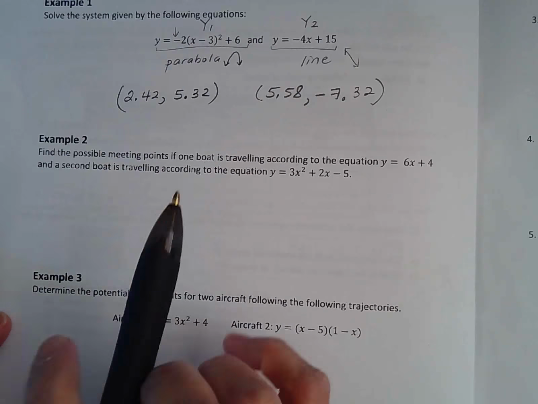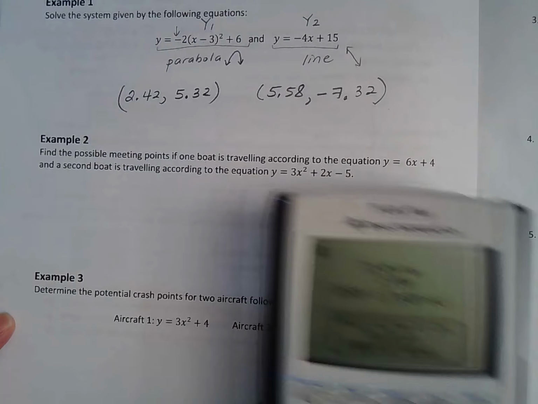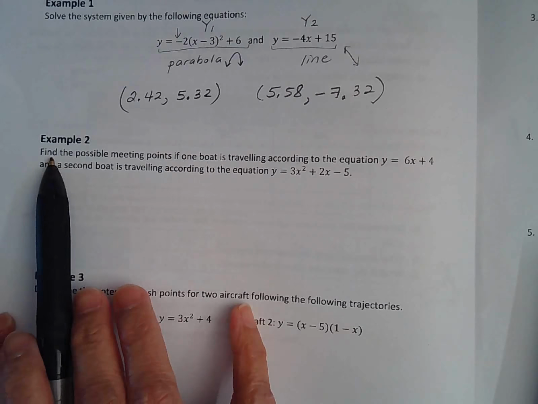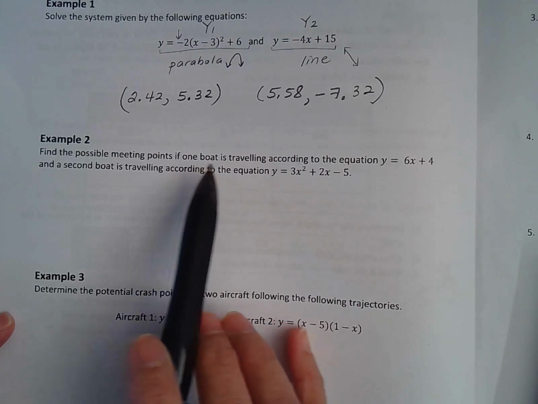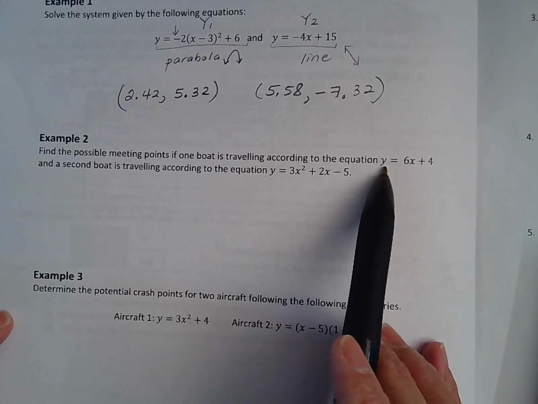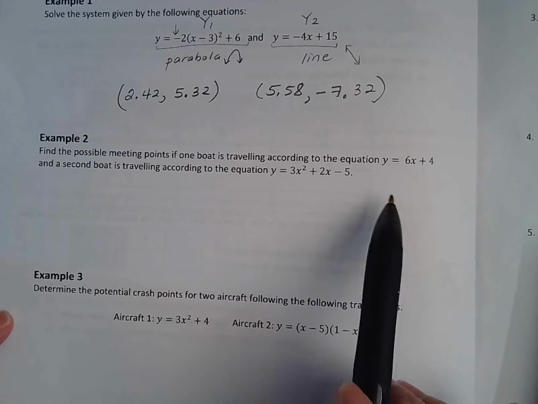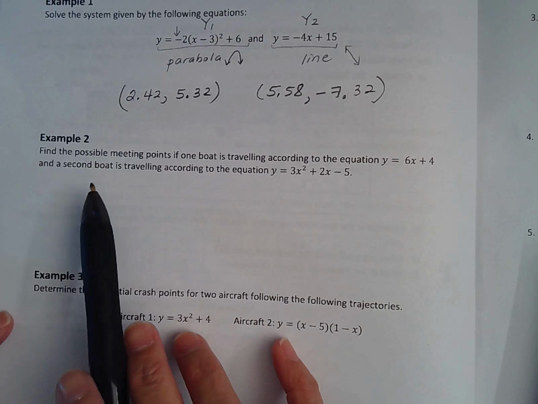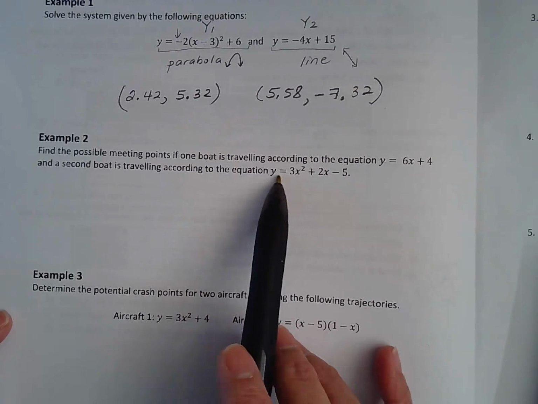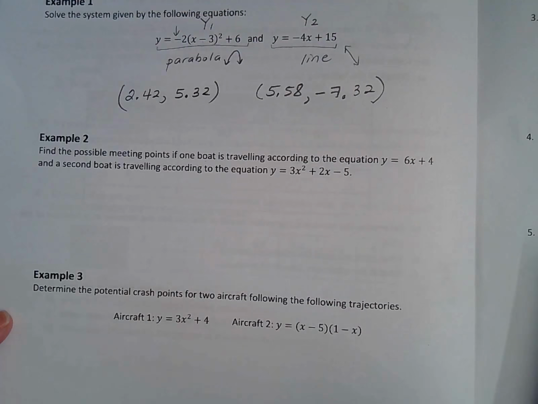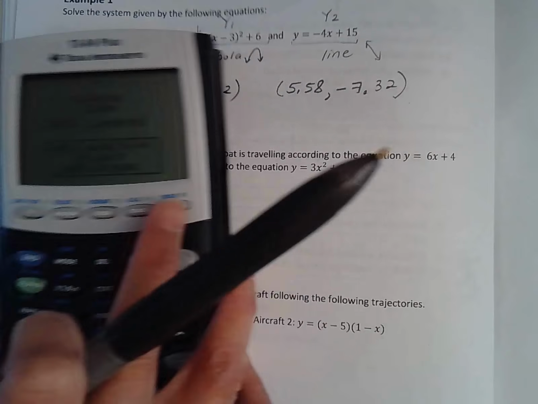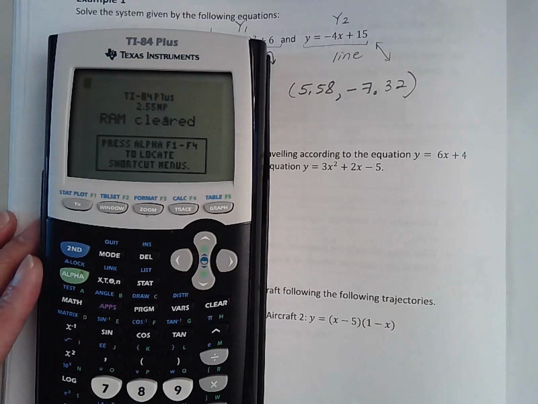So the very first thing that you do is to find the possible meeting points if one boat is traveling in this direction, and then the second boat is traveling according to this equation. So let's enter those equations in.